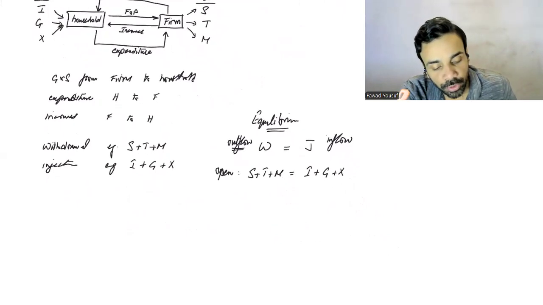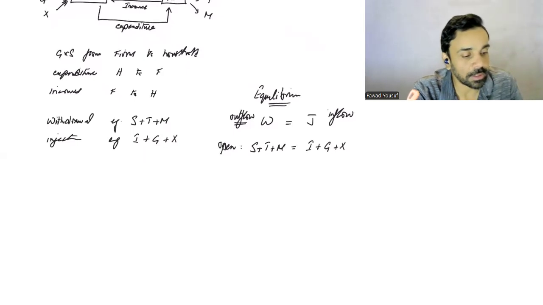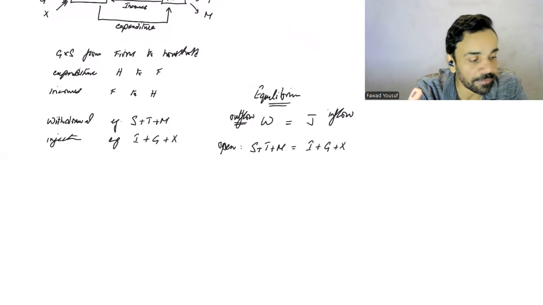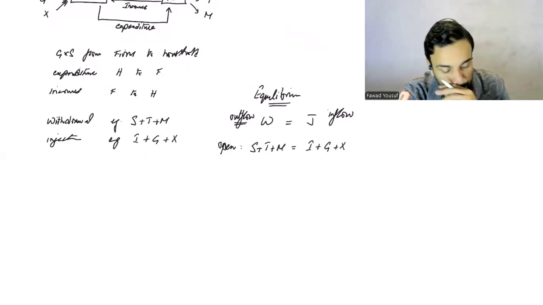Okay. So now the question was talking about: consider whether a budget deficit or a trade deficit is more likely to cause lasting disequilibrium. Okay.